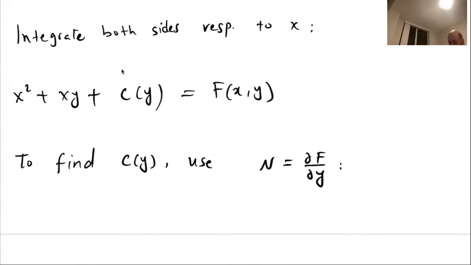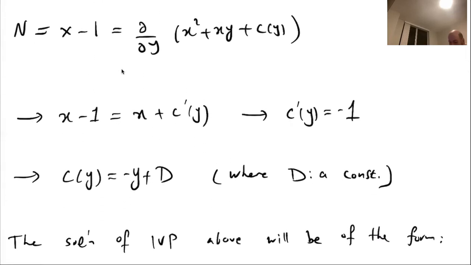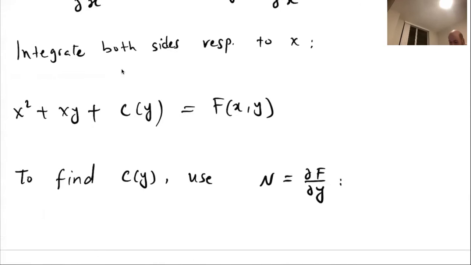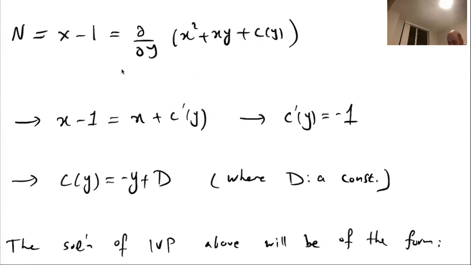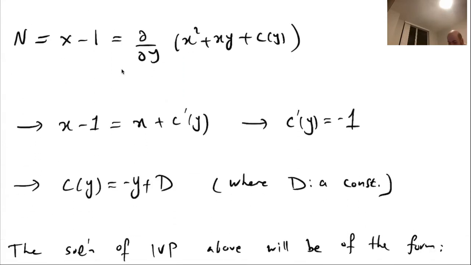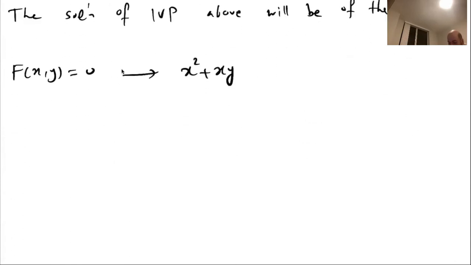And I already found c of y as minus y plus a constant. So then the solution will be x squared plus xy minus y plus d equals 0, and d here is a constant.